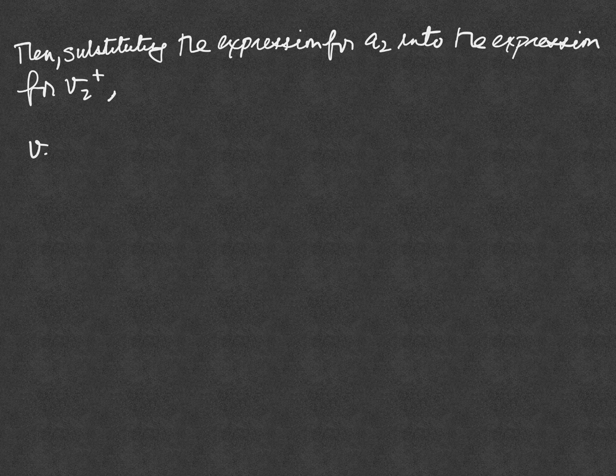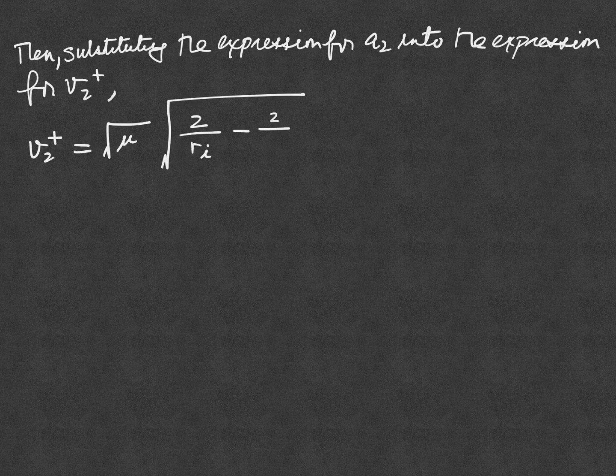We get that V2 plus is equal to the square root of mu times the square root of 2 over Ri minus 2 over R2 plus Ri, which can be rewritten in a similar manner to the other expressions.